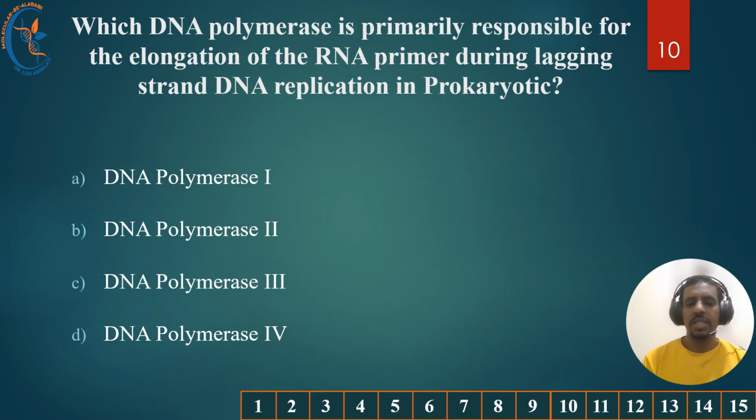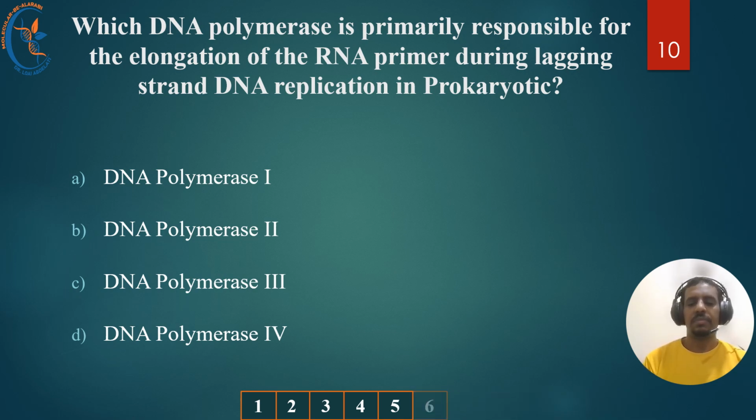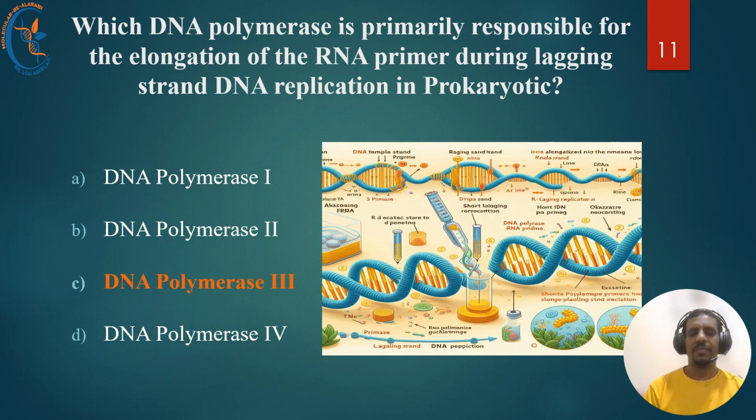The next question is: which DNA polymerase is primarily responsible for the elongation of the RNA primer during lagging strand DNA replication in prokaryotes?